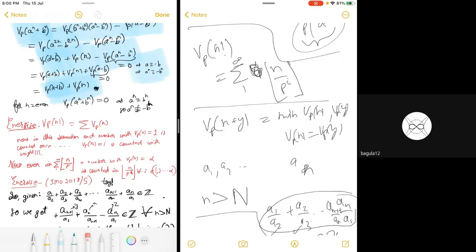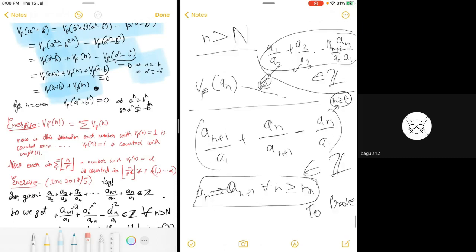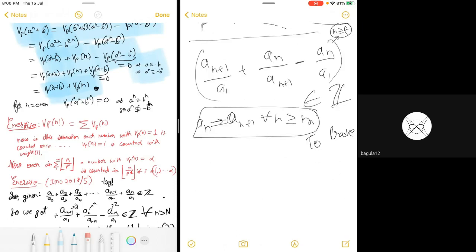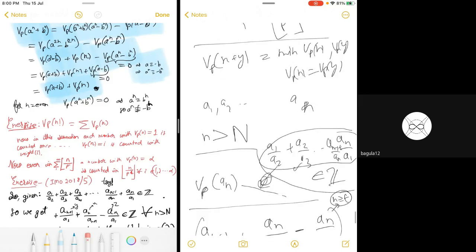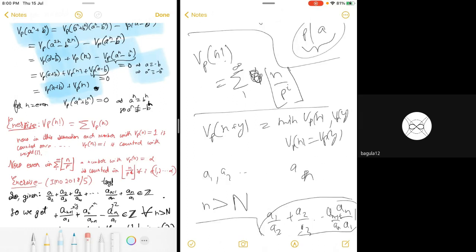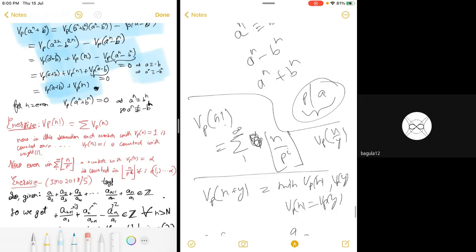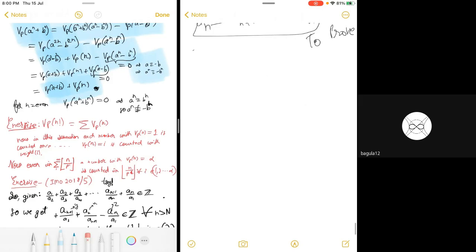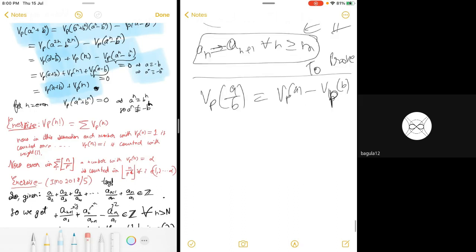Apply this lemma Vp of x plus y repeatedly; you can consider this as x plus y plus z. Also, this lemma and the product lemma, the power of a prime, is also defined for rational numbers. So Vp of a by b is defined as Vp of a minus Vp of b, and all the things work out for the sum argument.